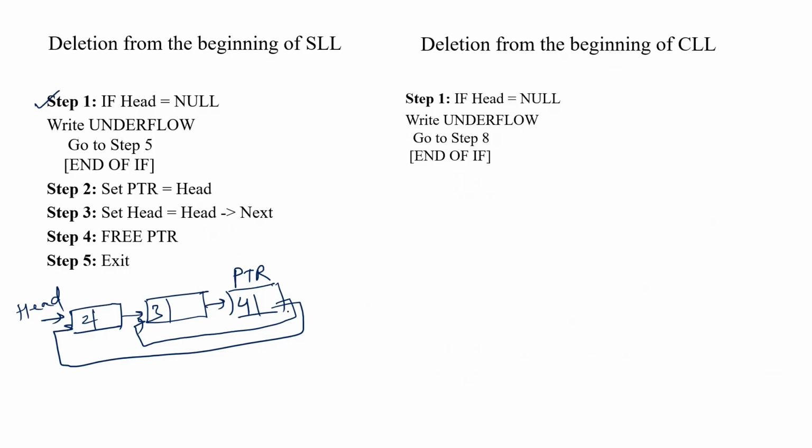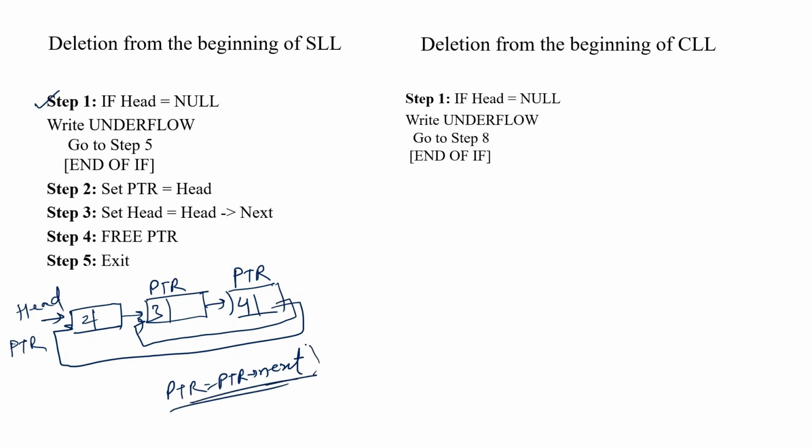So how do I bring this PTR here? As we have done earlier also, if you want to bring PTR here, first we will assign PTR to the head. So I will write PTR is equal to head. Then I will do PTR is equal to PTR to next. If I do that, PTR will come on this.